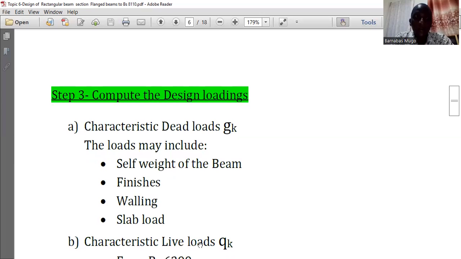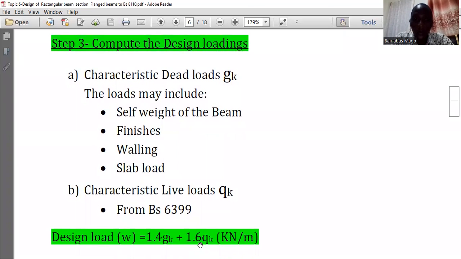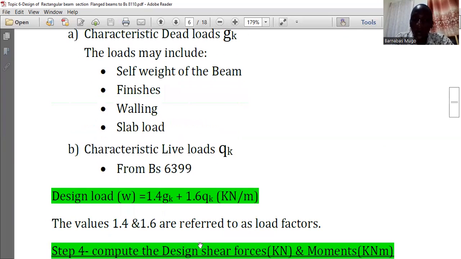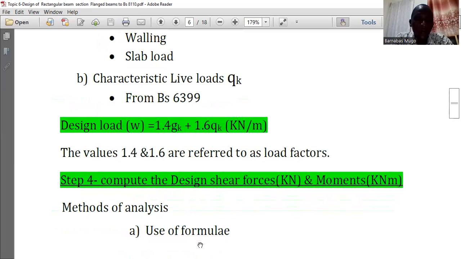Then from there you need to know how to compute the design loading. The design loading is the loading of the beam, that is the dead load and also the live load. The dead load is given as GK, while the live load is given as QK. We say that dead load is always the weight of the beam, the finishes, the wall and the slab that is on top, while the live load is whatever is occupying that structure.